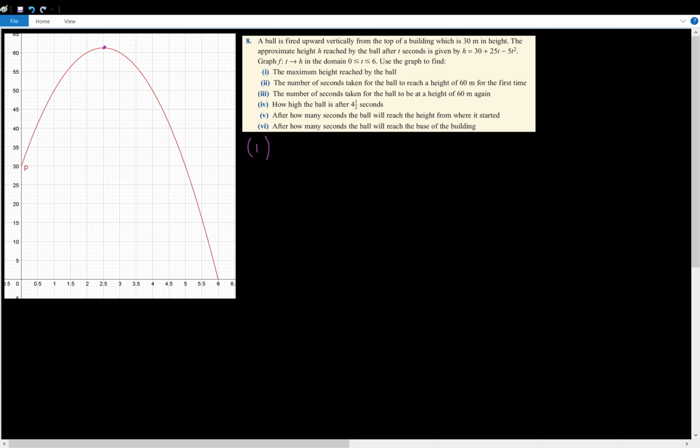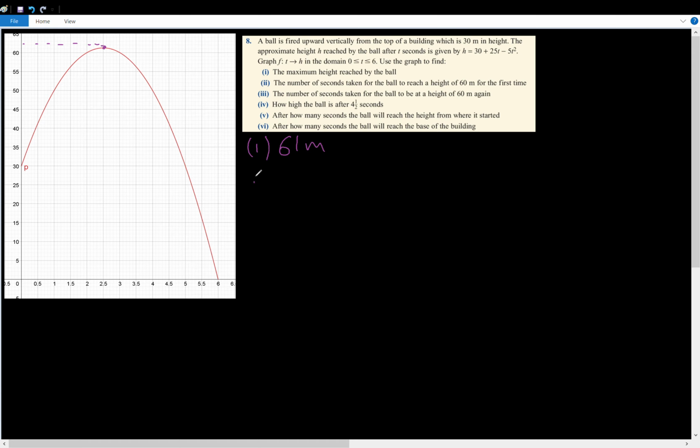So what we're going to do is just cover that line right the way across to the y-axis. Now when you're doing this in your actual work, you'll use a ruler to do this. And you can see that that is somewhere between 60 and 65. Somewhere in the region of maybe 61 meters if I've drawn it correctly. So for part 1, we can say that the maximum height it reaches is about 61 meters, approximately.